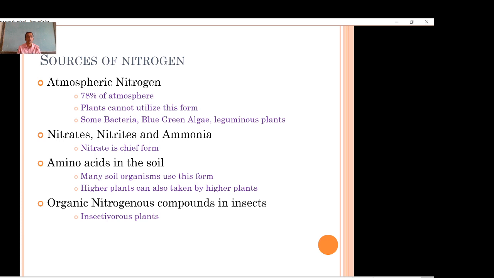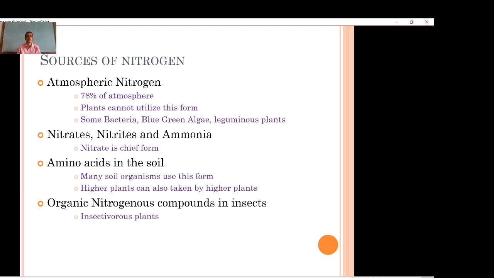Okay. Then another source of nitrogen is in the nitrate form and ammonia. Of these three, nitrate is a cheap source of nitrogen. Then amino acids in the soil: when living organisms die, the protein of the dead part is degraded and converted into amino acids, and these amino acids are present in the soil.